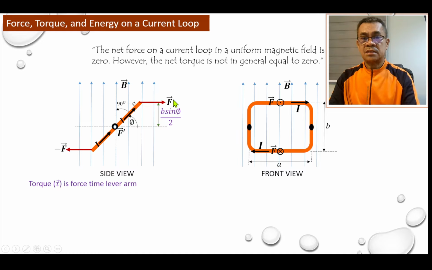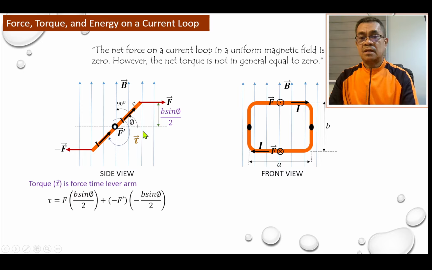Okay, so in this case, this is the force and this is the perpendicular distance. So the torque is F times this torque arm, or the lever arm. And this one also has a force, and this is the moment arm, or the lever arm, which is B sine P over 2. So the torque now is in a clockwise direction.